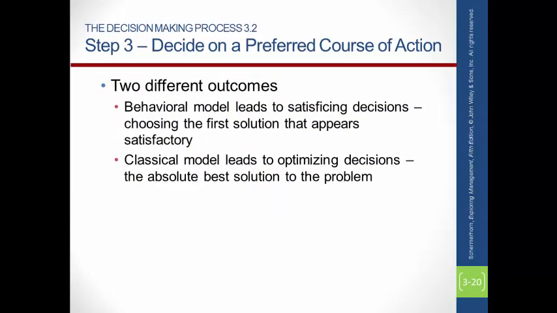When looking at different outcomes, the behavioral model leads to first finding the solution that appears to be satisfactory. So what's the first one that is going to suffice that issue? The classical model leads to optimizing those decisions, so the absolute best solution to that problem.